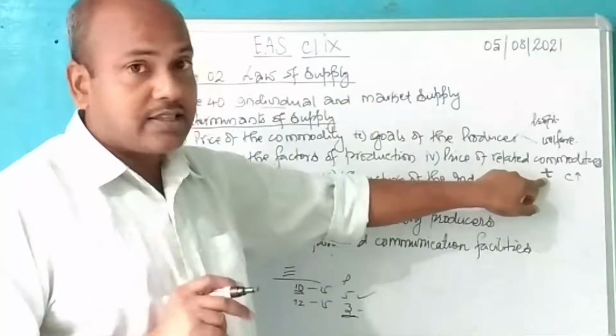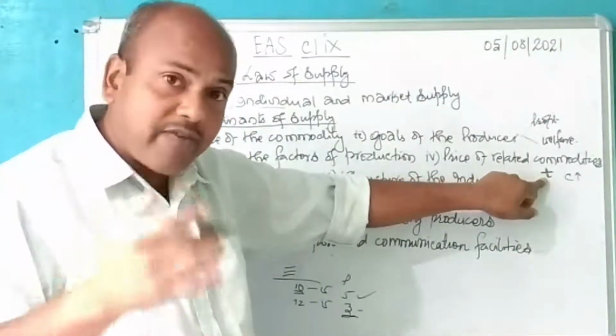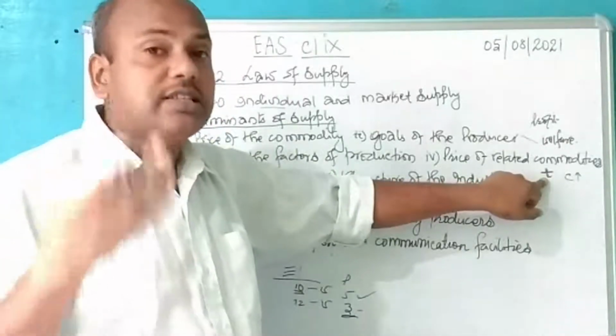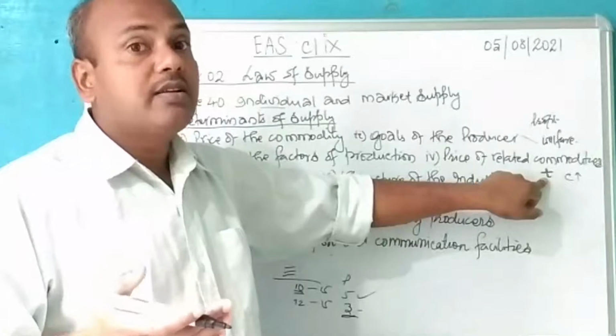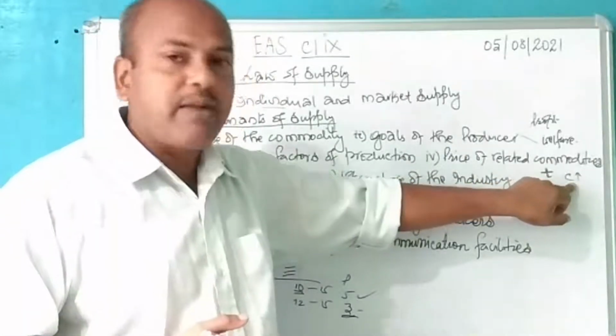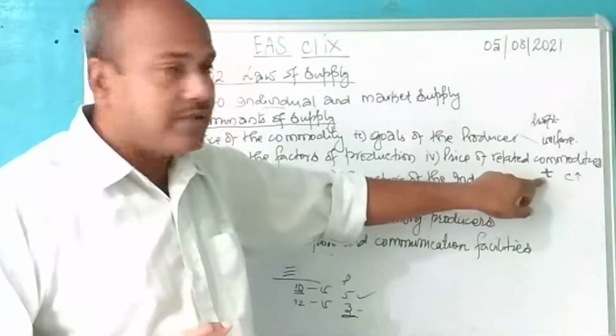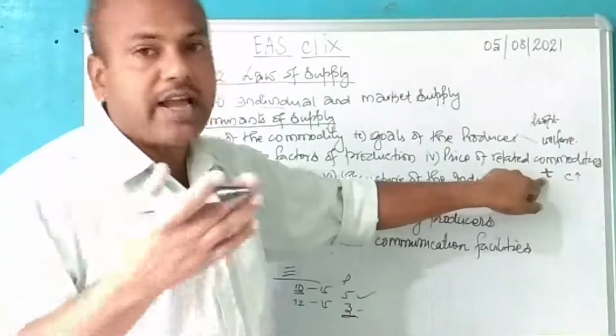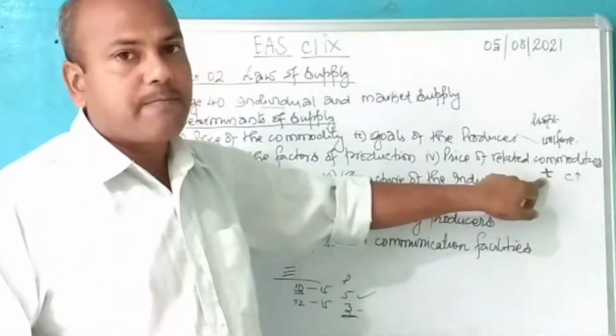In that case, demand for tea is high, so you have a chance to increase its price or its supply. People will buy less coffee and more tea, so demand for tea will rise, hence the supply of tea also will have to rise.